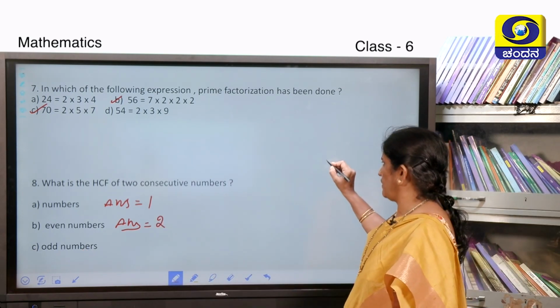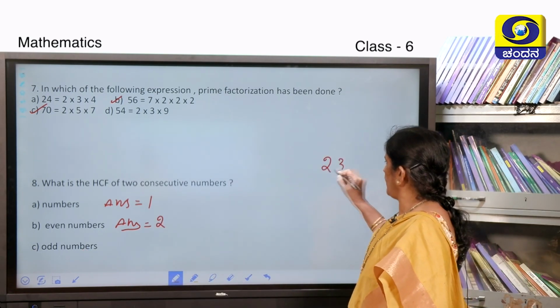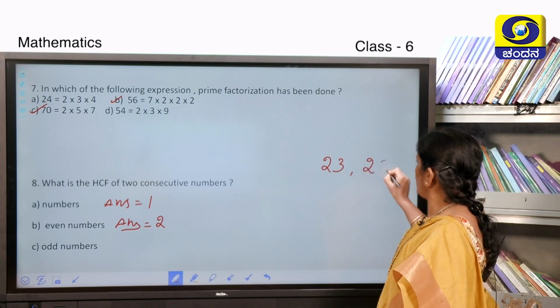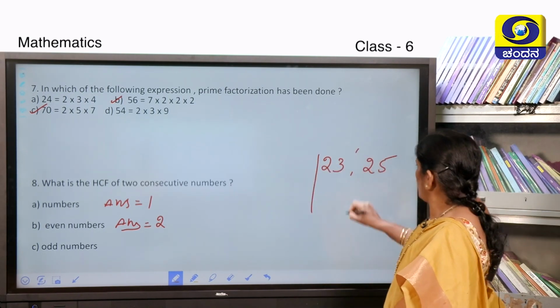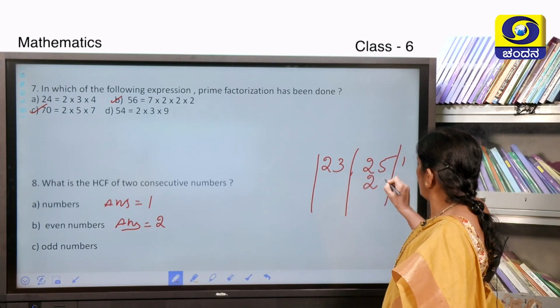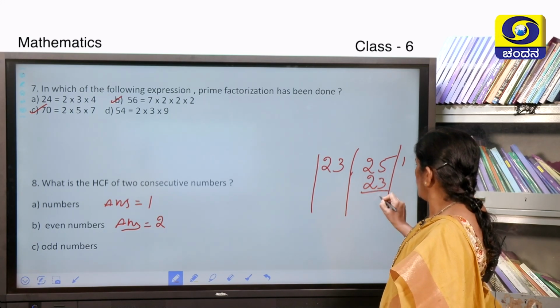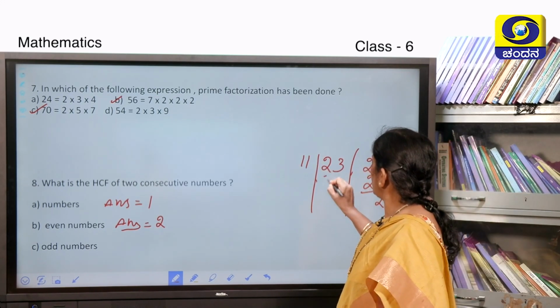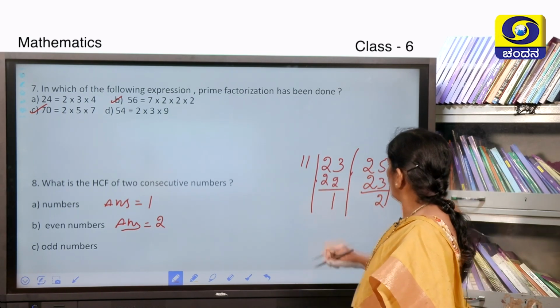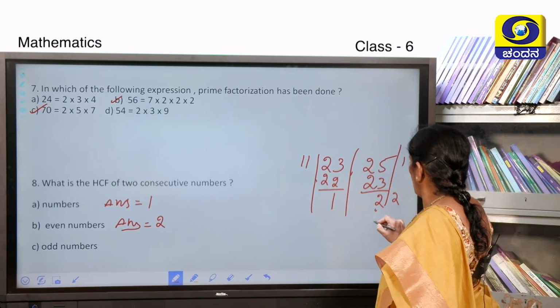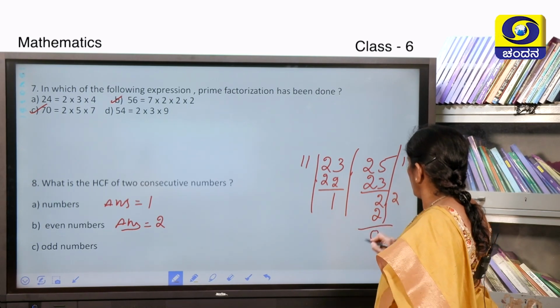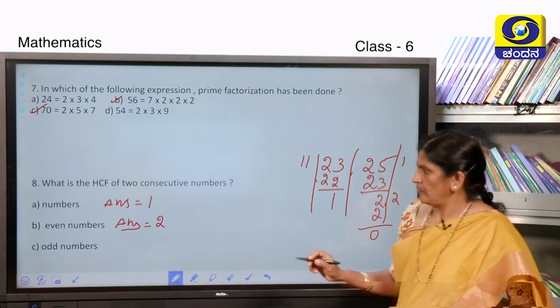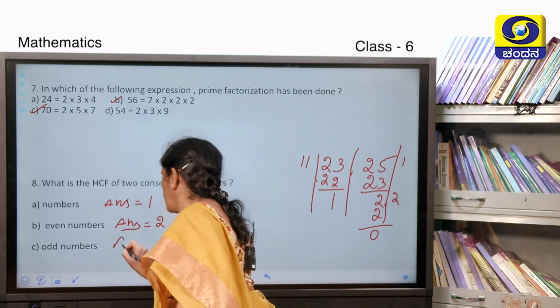Next, odd numbers, take any two consecutive odd numbers, 23 and 25. 23 1s are 23, remainder 2, 2 11s are 22, remainder is 1, 1 2s are 2, remainder is 0. So, 1 is the HCF. So, here also the answer is 1.